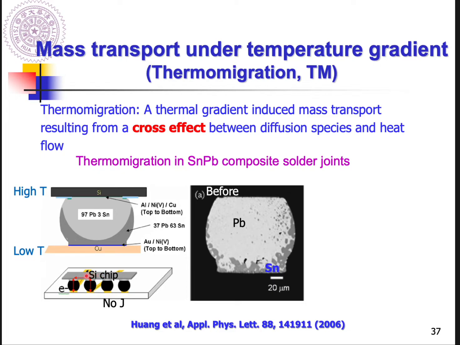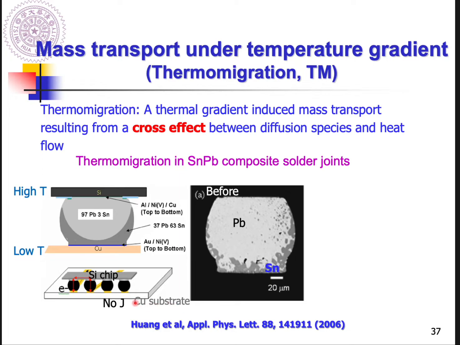So usually people will put the transistor or other microelectronics on this silicon chip side, and in order to lead all the signals or electrons out, people usually will bond this copper substrate to the silicon chip by this solder bond. And as you know, the thermal conductivity of the copper substrate is pretty good.